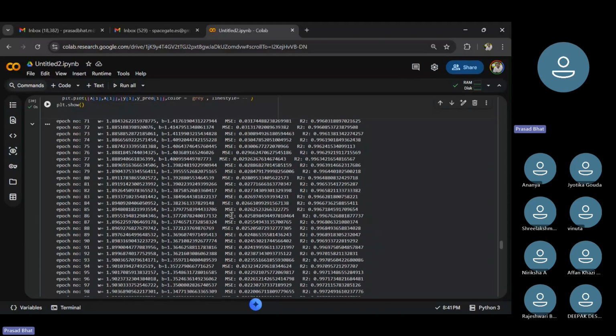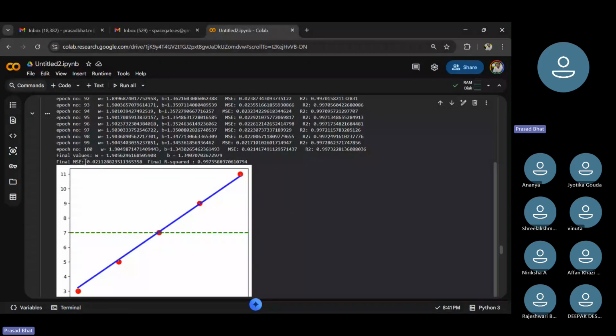After 100 epochs, the final MSE got reduced to 0.021, and final R squared became 0.9973. That means I am able to explain 99.73% of the information, right? With these two W and B values, 1.90, 1.34.